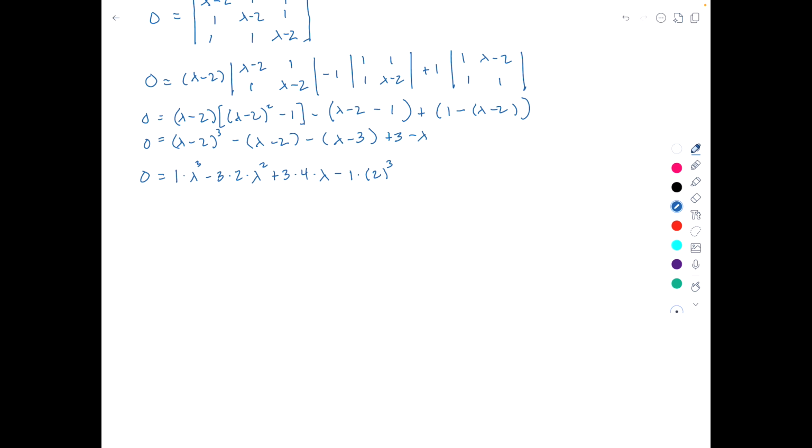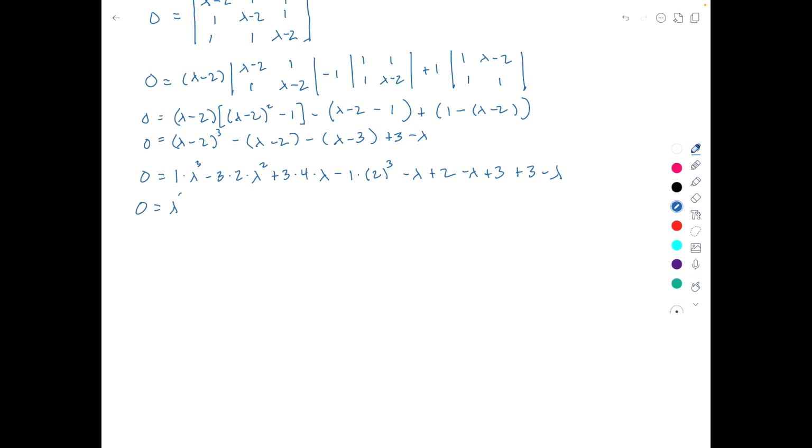And then distributing, and the other ones will have a minus lambda plus 2, minus lambda plus 3, plus 3 minus lambda. And combining, let's see what we get.